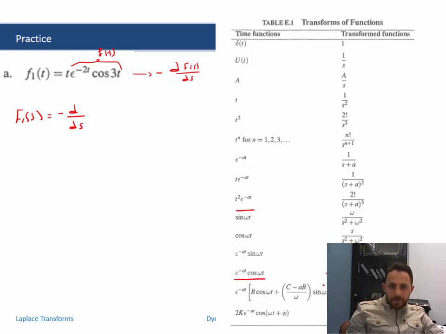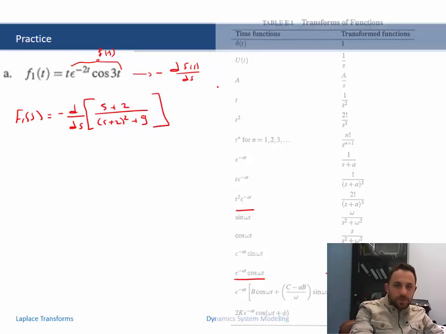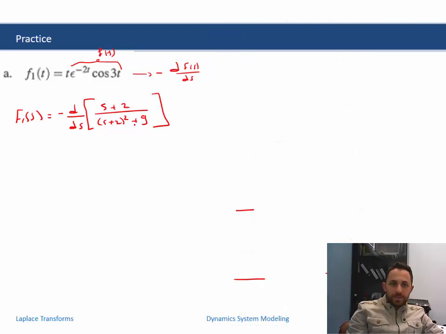S plus 2. Now, doing the derivative of this function, I could remind you that the derivative of u over v is u prime v minus v prime u over v squared.